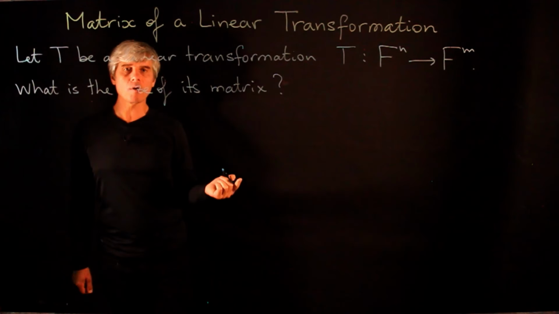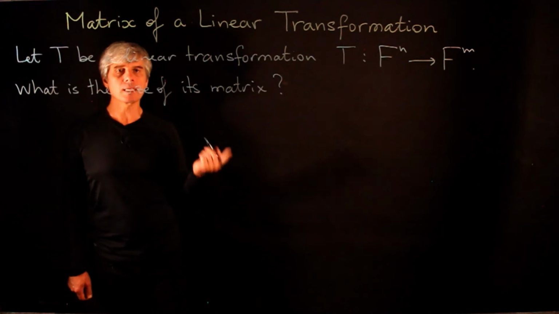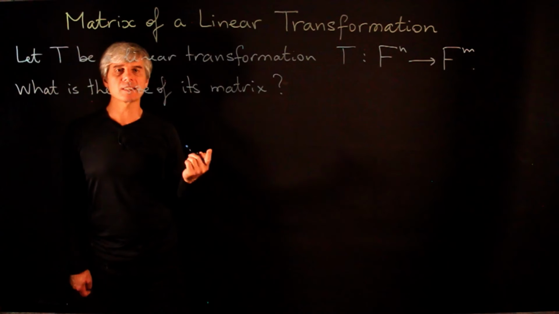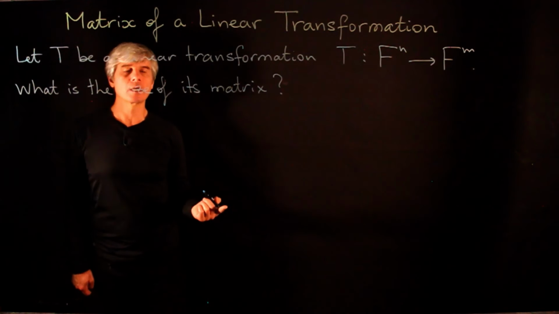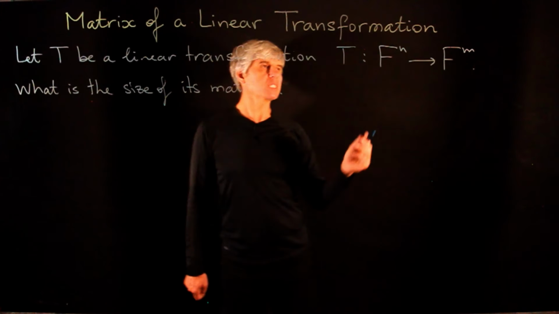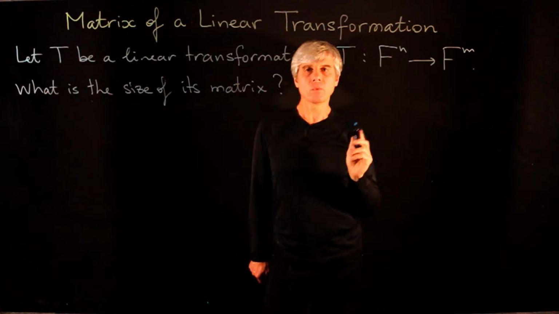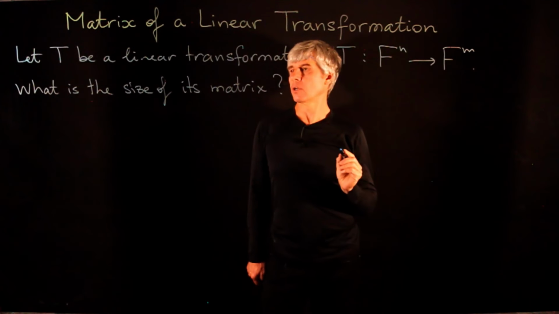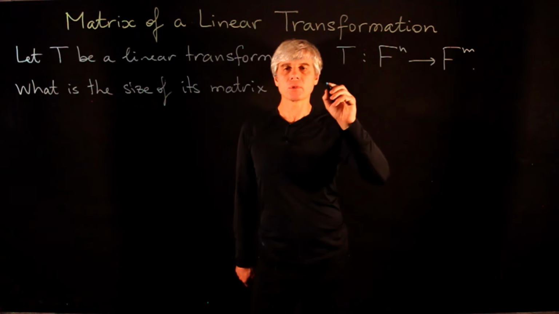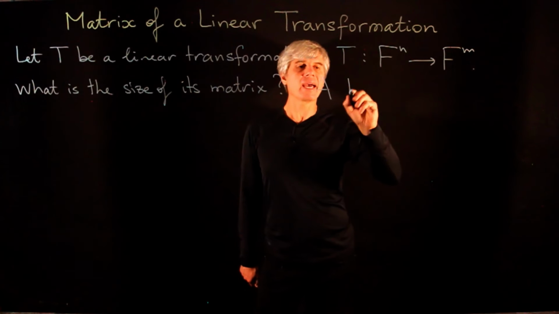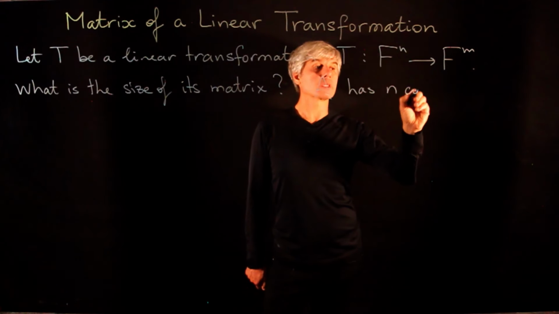Now, let's recall our mantra. We put images of basis vectors as columns. Now, how many basis vectors do we have? In our space Fn, we have n basis vectors. So this means that the matrix A has n columns.